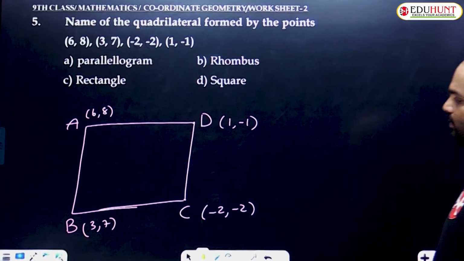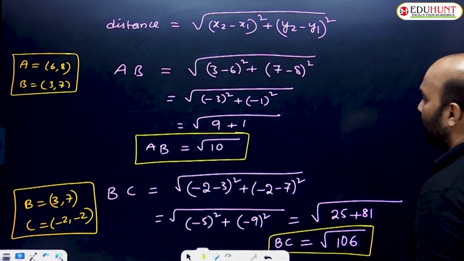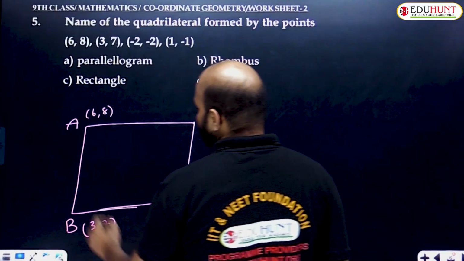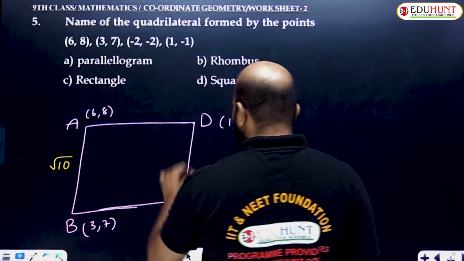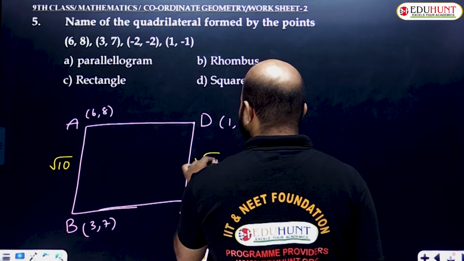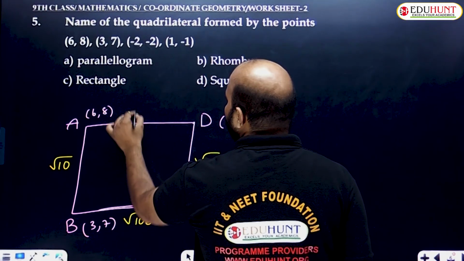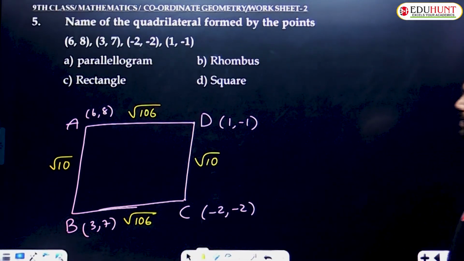So clearly we need to understand. In that question the AB distance is root 10 and we also got the CD distance as root 10. So opposite sides are equal. The BC distance is root 106, and the AD distance is also root 106. Opposite sides are equal.